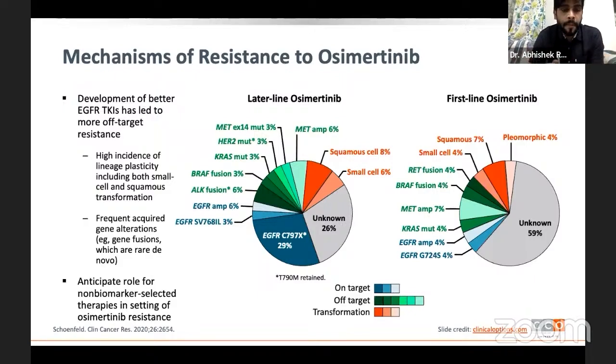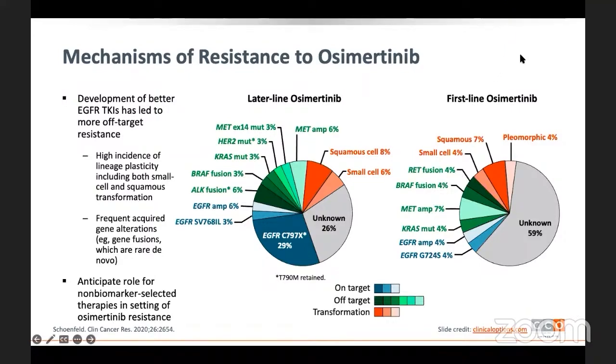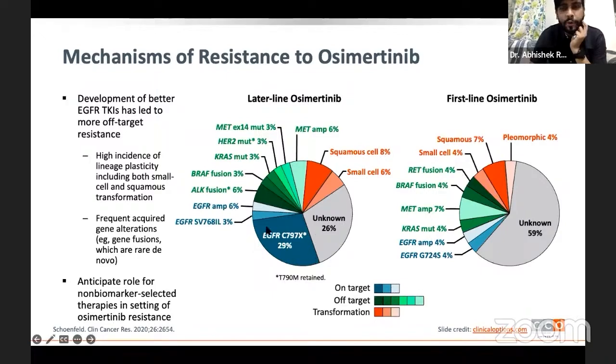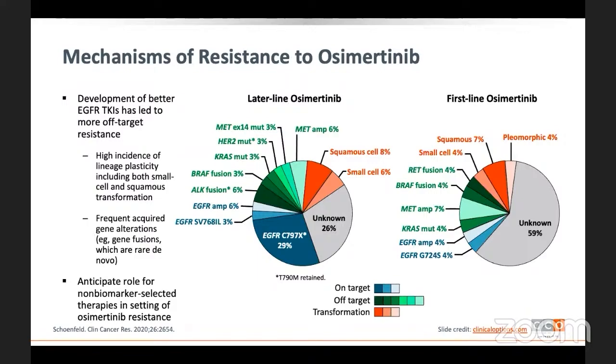Anybody can take this question. Dr. Aditya, you can also take this question. So what's the question, sir? If the patient progresses on osimertinib, you have done an NGS and found an EGFR C797X mutation, what will you do? I think here we need to look at whether it is cis or trans, which kind of mutation it is.